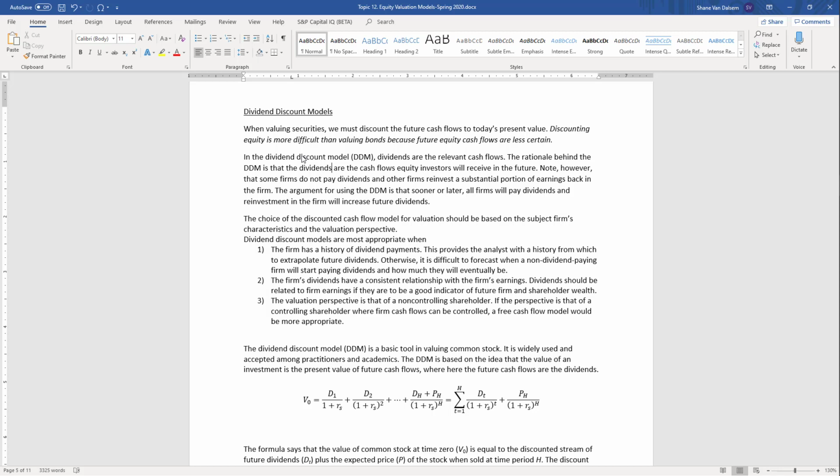The second is that the firm's dividends have a consistent relationship with the firm's earnings. Dividends should be related to firm earnings if they are to be a good indicator of future firm and shareholder wealth. And the idea here is that the dividends won't be perfectly consistent with earnings, because earnings are going to be volatile sometimes.